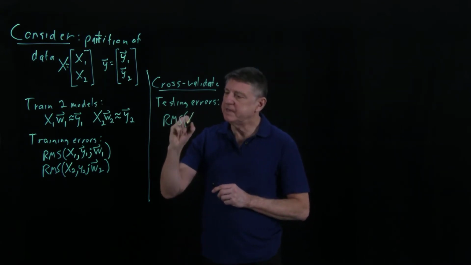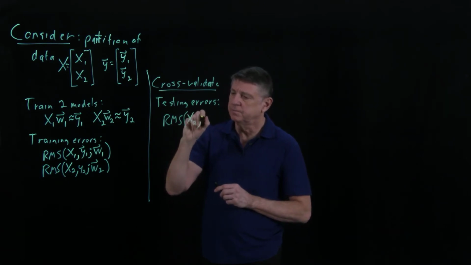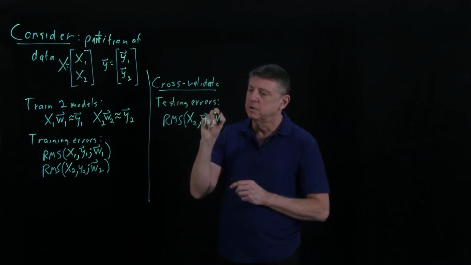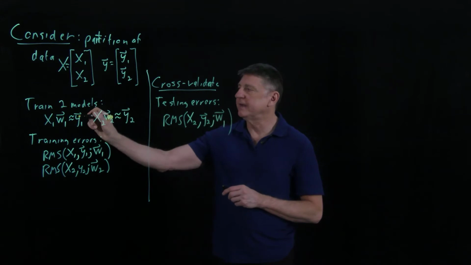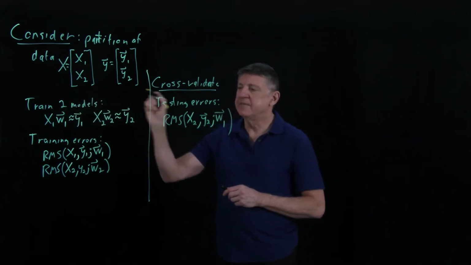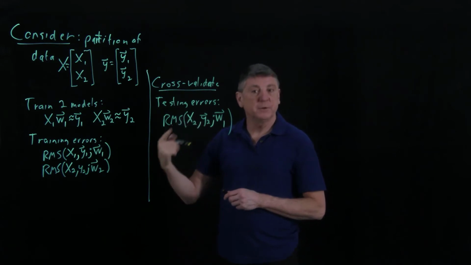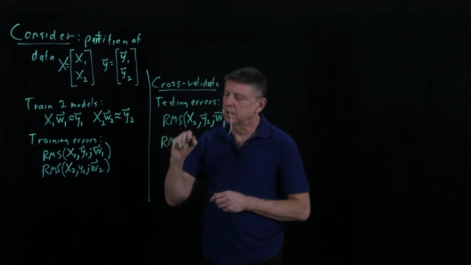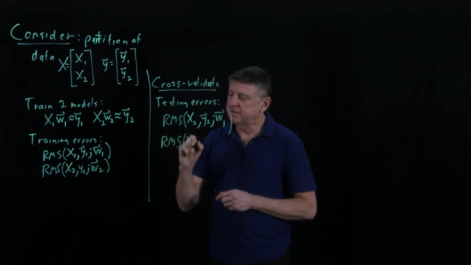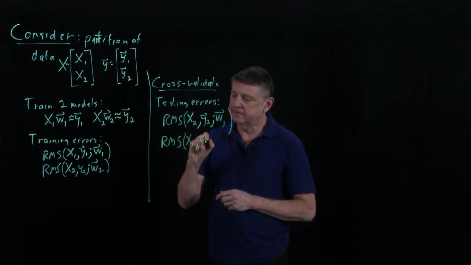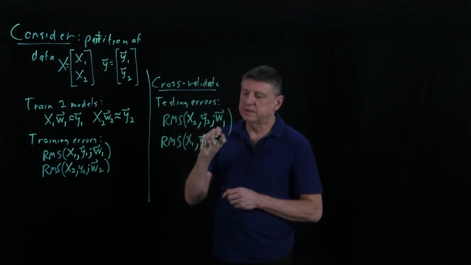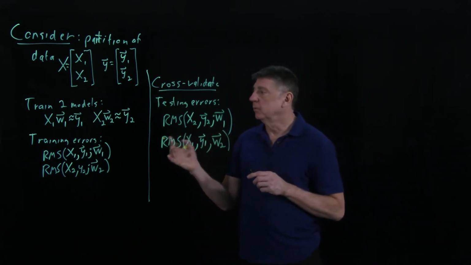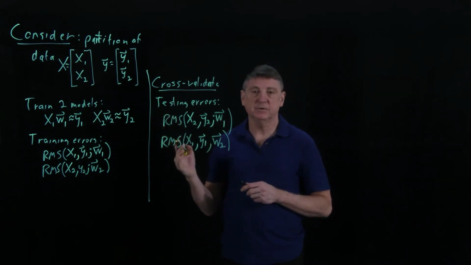Let's say that we take data set 2, dependent vector 2, and we use the vector from the first training. So we're training on X1, and then we'll test it on X2. Then we can repeat this. We can say, what's the root mean square error using design matrix 1 and data vector 1, but using the model in 2.